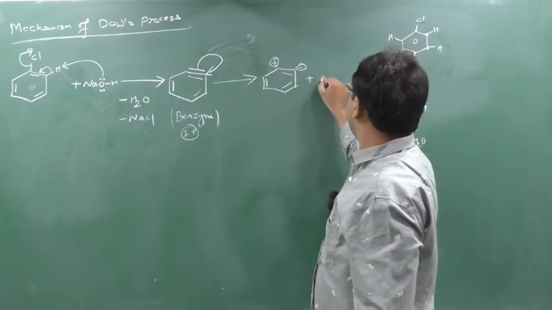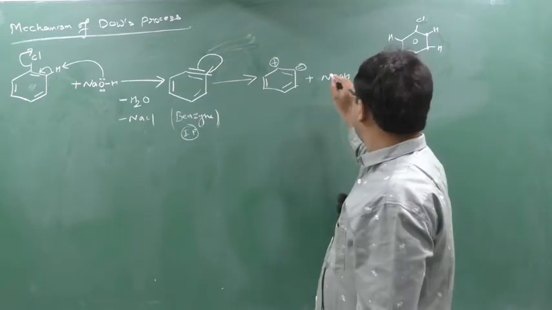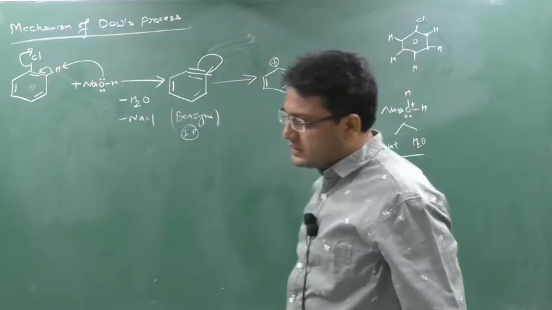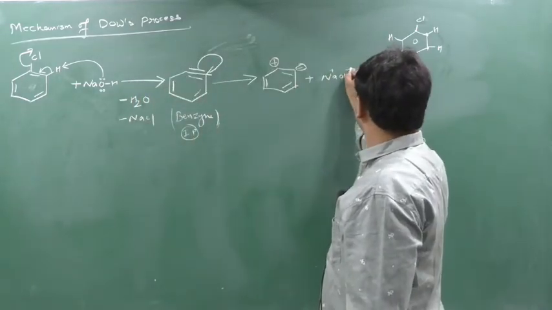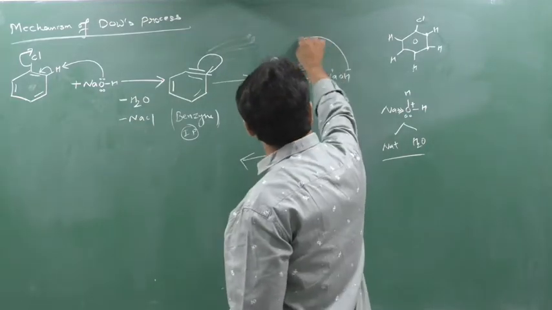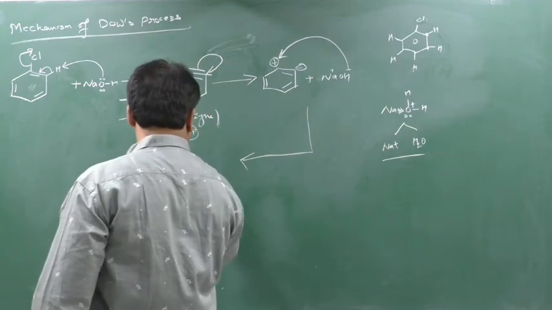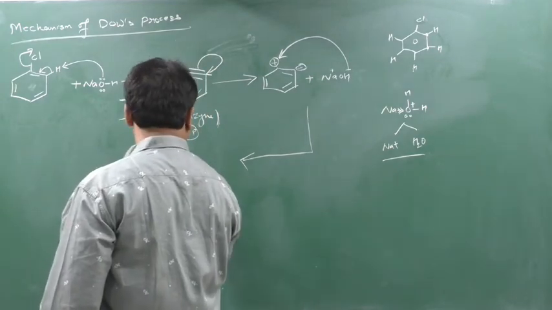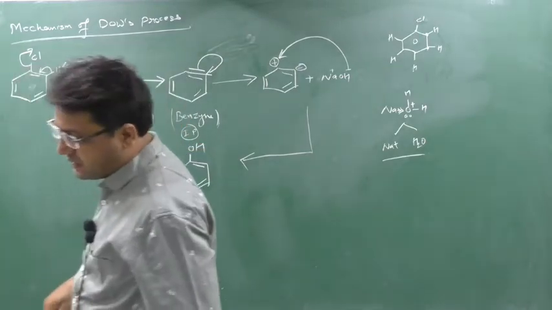Again one more part of NaOH will come, because we are taking NaOH in excess. So what will happen? See this. Now this NaOH, we know that this is Na plus and this is OH minus. So what will happen here? See, this OH minus will attack here, and so there was a bond here and here OH will be generated.